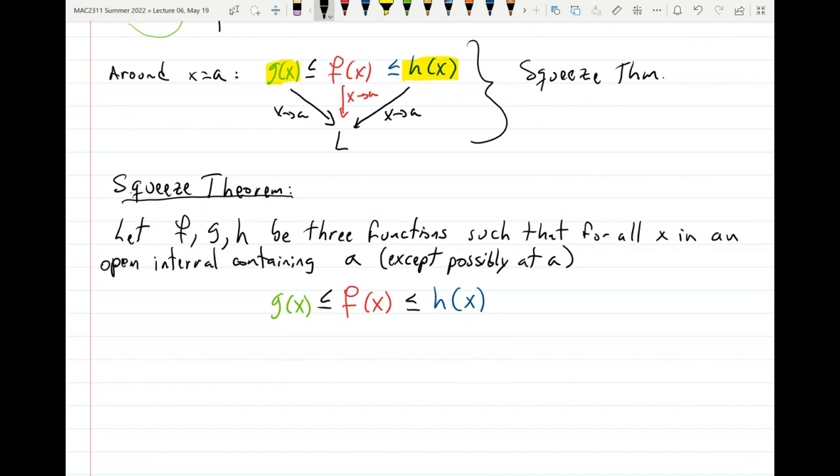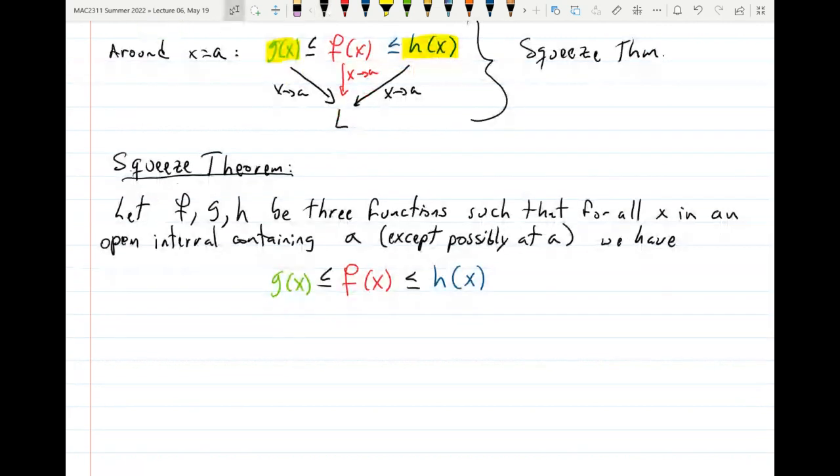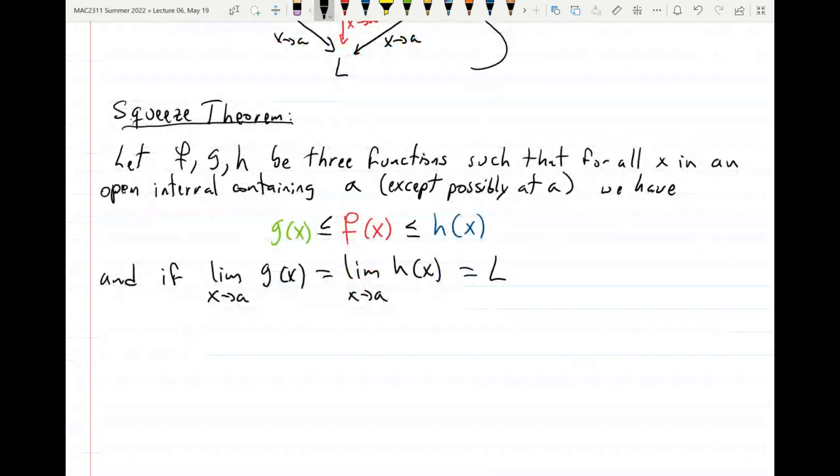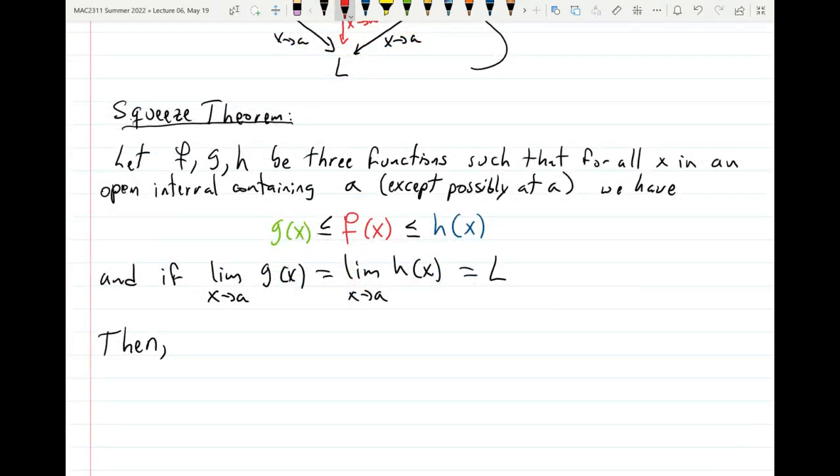For all x in an open interval containing a, we have this inequality, and also assume that the limit as x approaches a of the function g equals the limit as x approaches a of the function h, if they both equal a number L. So if the small and big function both approach the same limit, then the conclusion is that our function f must have the same limit as well.